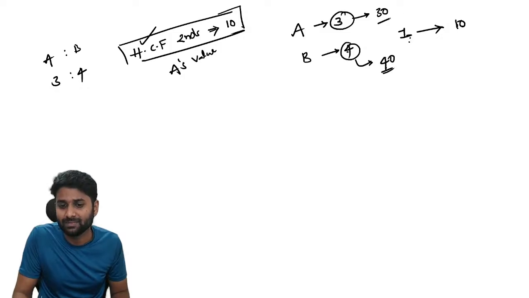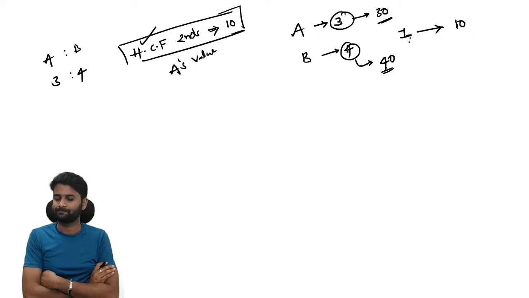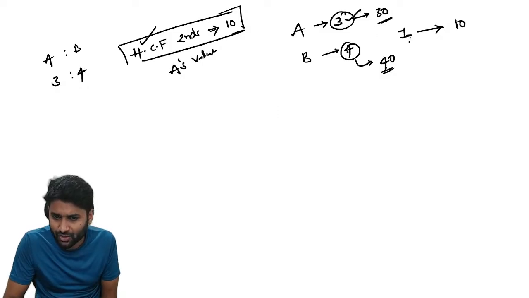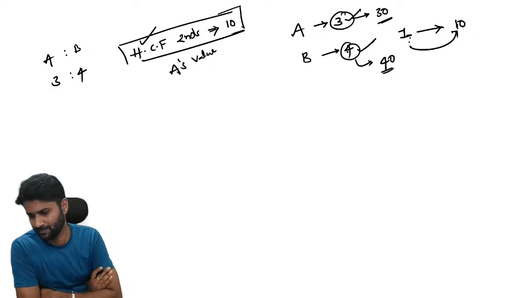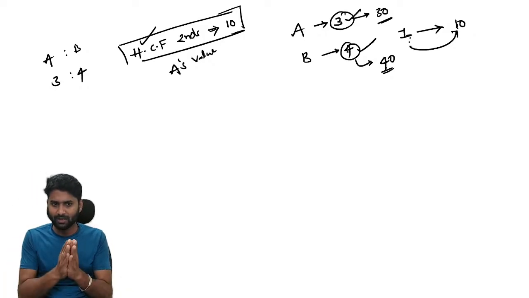And these are the numbers you have to answer. So is it clear? So let us initially assume a value and finally you can compare with the main information. Please let me know in the comments. Are you clear about ratios?